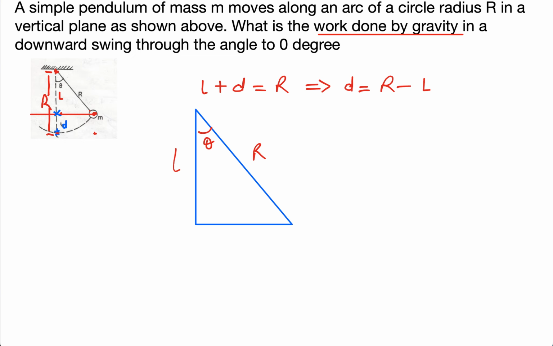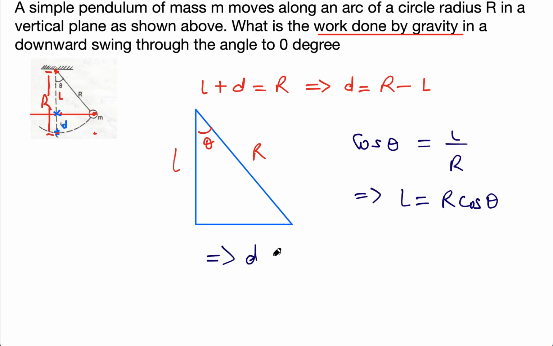Having this relationship, I can quickly solve for L in terms of R. This L is adjacent to θ, and R is the hypotenuse, so I can use cos θ equals L over R. That implies L equals R cos θ. So d becomes, instead of R minus L, R minus R cos θ, and since R is common, R times (1 minus cos θ).